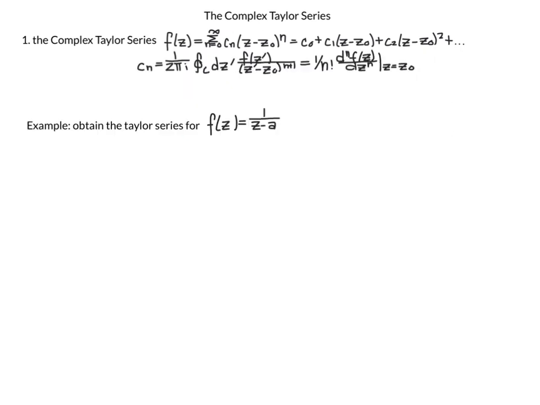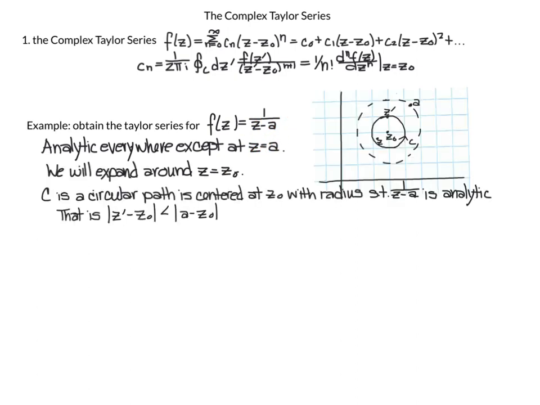So our first example of a complex Taylor series, we're going to obtain the Taylor series expansion for f of z equals 1 over z minus a. And first, this function is analytic everywhere except at z equals a, where we would have division by 0. To avoid a, we're going to expand around z equals z naught, and we're going to make C a circular path centered at z naught with radius such that 1 over z minus a is analytic.